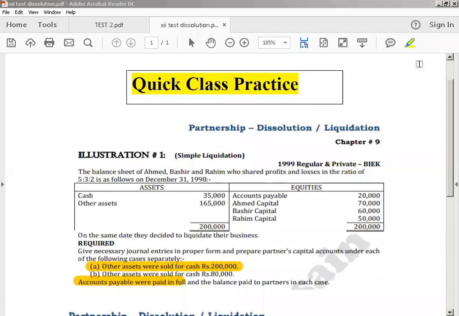You have to solve first for the case where other assets were sold for cash 200,000. In this way, your answer can be a gain or loss the first time. Then you have to treat other assets as sold for cash 80,000 in the second case. And when you are treating other assets as 80,000, you have to omit your first part.